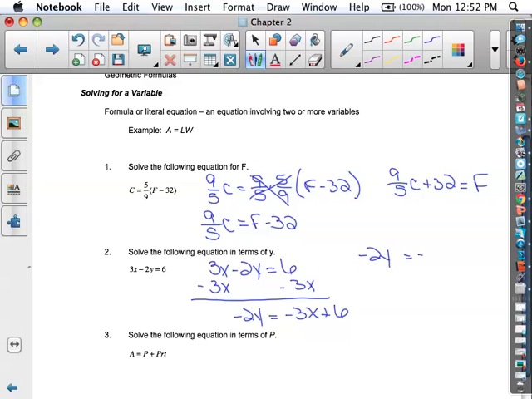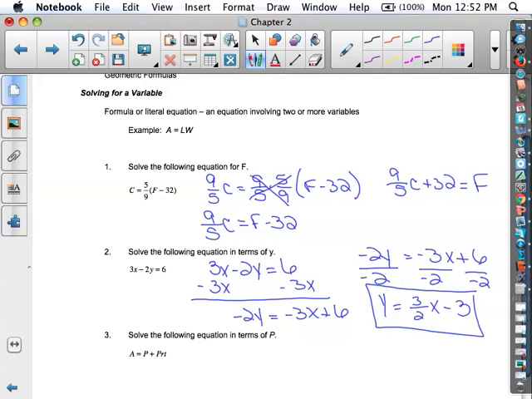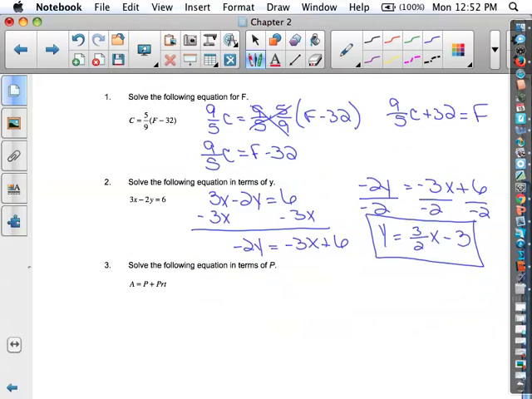And then we'll divide each term by negative 2. When I divide by negative 2, I have to divide every term. I think some of you had forgotten that on the test and had actually just divided out of one of the terms and not both. So be careful with that. So here you have y is equal to 3/2 x minus 3.